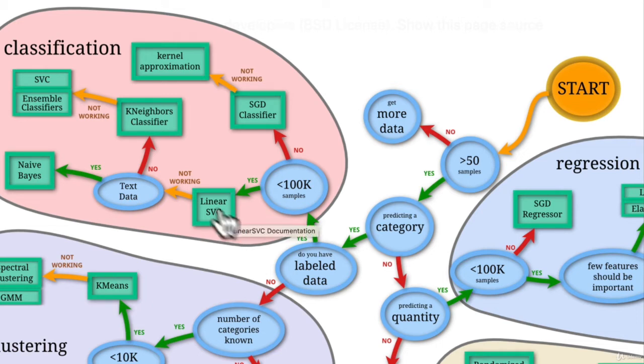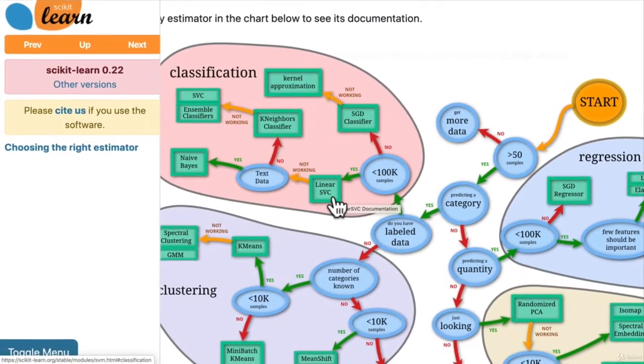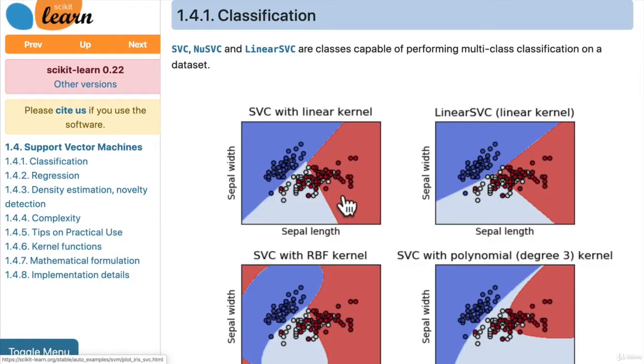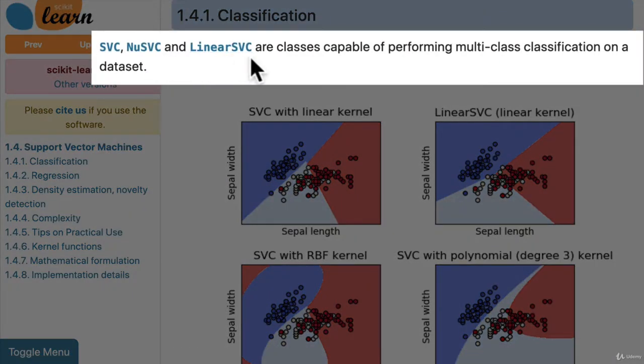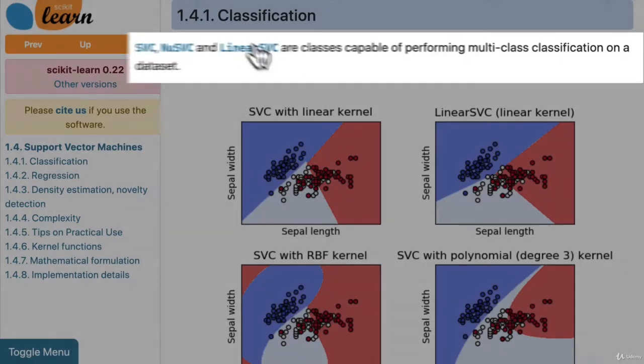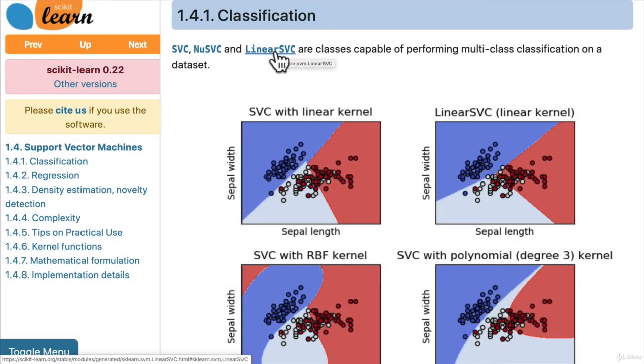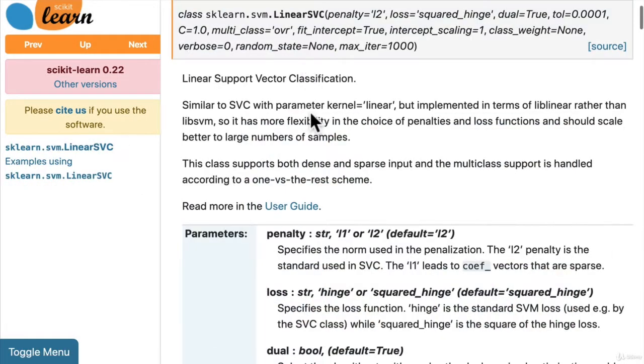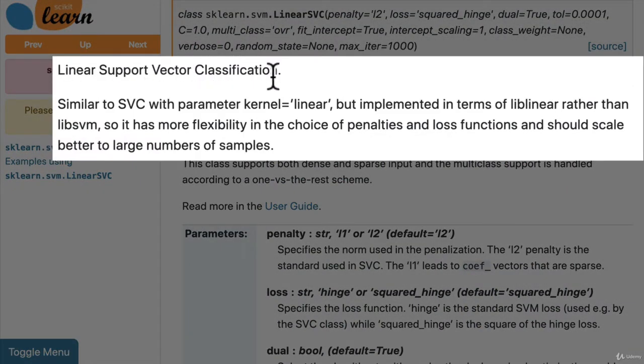This is telling us our problem's classification, and maybe the first one we come to is trying a linear SVC. Well, all right. Classification. SVC and linear SVC are classes capable of performing multi-class classification on a dataset. Linear support vector classification. Similar to SVC with parameter kernel linear, but implemented in terms of liblinear rather than libsvm.